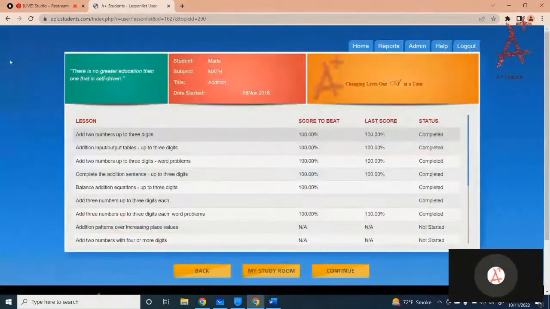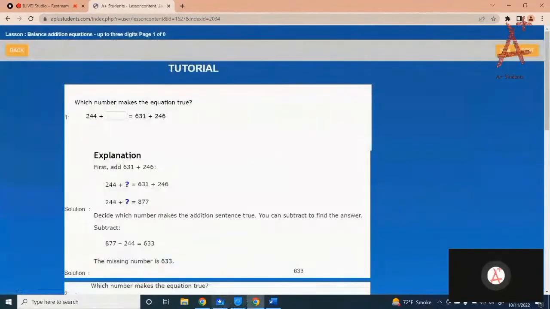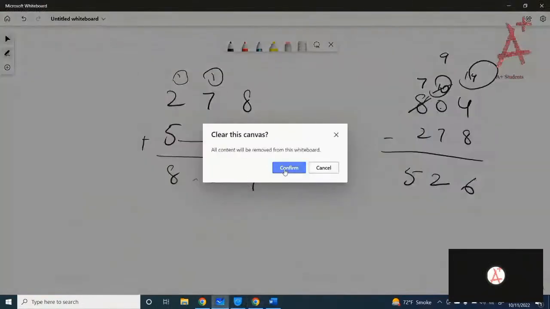Okay, the next lesson is balance addition equations up to 3 digit. So let's start with balance addition equations up to 3 digit. Let me write the lesson name on the board and then I'll explain what you have to do.